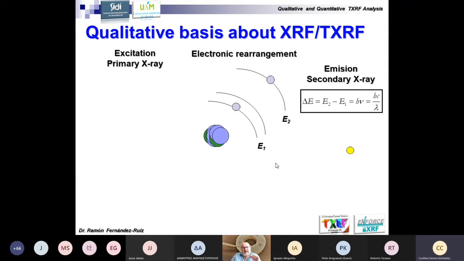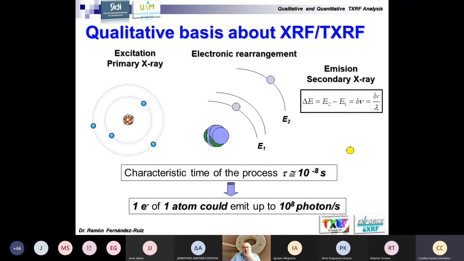I only comment that this is a dynamic aspect. It's continuously in production if we have photons incoming to our sample and atoms that are able to make electronic transitions. How many? Very many, with a characteristic time of about 10 nanoseconds for the process, which implies very high flows of photons.